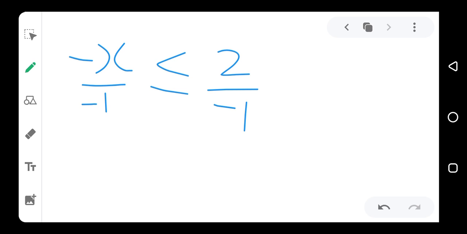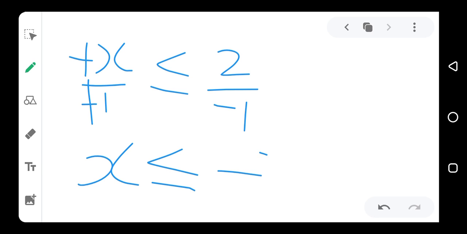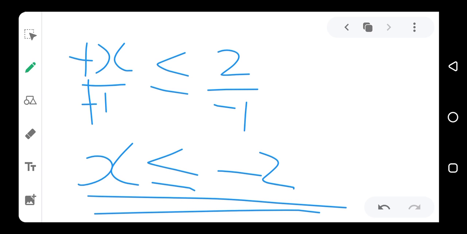So negative cancels negative and x divided by 1 gives us x. So x is less than or equal to 2 divided by -1, which will give us -2. So this is the final answer. We have reversed the sign of the inequality because we divided by a negative number. Okay, this is how to solve inequality.